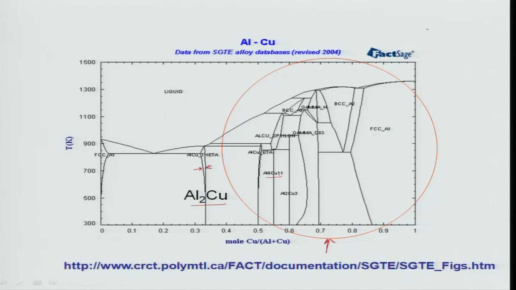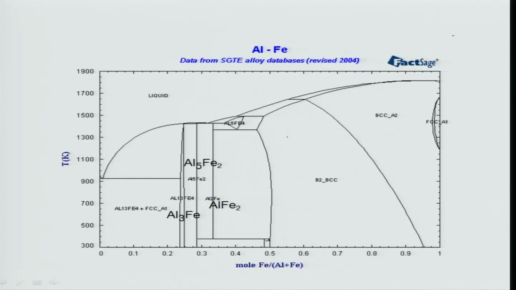Then you have Al9Cu11, Al2Cu3, and many other phases which exist with a compositional range. AlCu forms by peritectic reaction, while Al9Cu11 does not form by some other reaction, but on the other hand Al2Cu3 is formed by peritectic reaction. So most of the intermediate phases form by peritectic reactions.